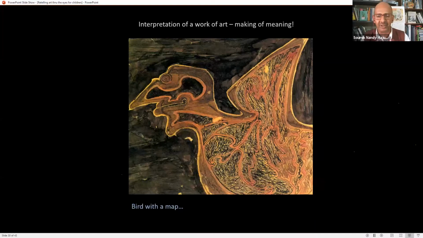First of all, children did not have any problem in accepting this as a bird. And because of the wings, they also told me that possibly this is one of those migratory birds.